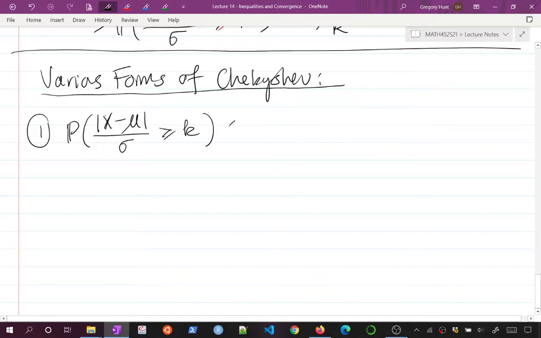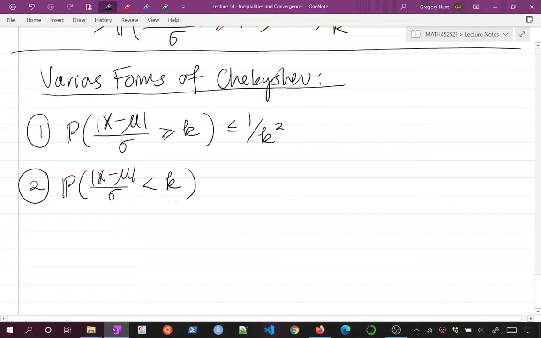So this is the form I wrote. You could, of course, look at the complementary probability, which would say that the probability that |x minus mu| over sigma is less than k would be 1 minus the top probability.